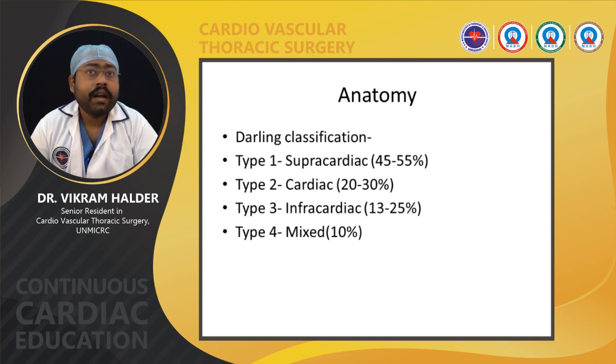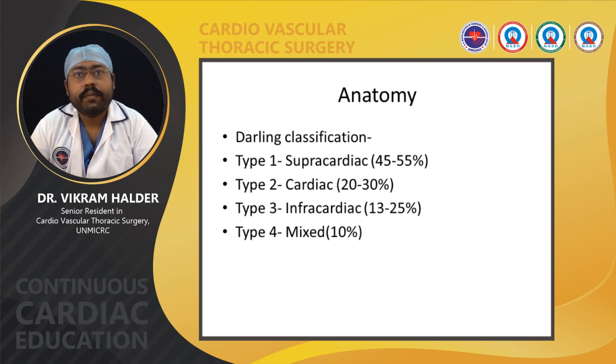In type 2, there is cardiac TAPVC, present in around 20 to 30% of patients, and in this type the common chamber usually drains into the coronary sinus or to the RA or SVC junction.